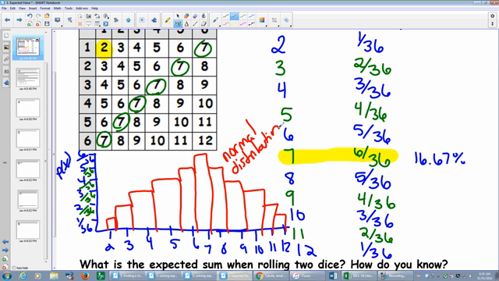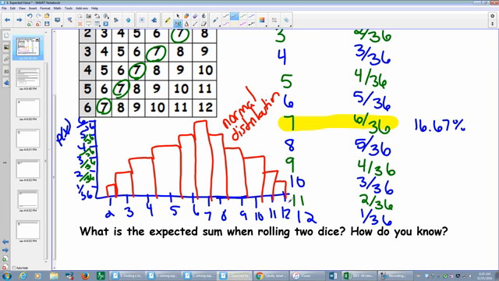Okay, so we're going to be talking about expected sum. This question says, what is the expected sum when rolling 2 die? How do you know? Even though the probability is not the highest, like it's only 16%, playing this game based on the probability, the expected sum we would get is 7.